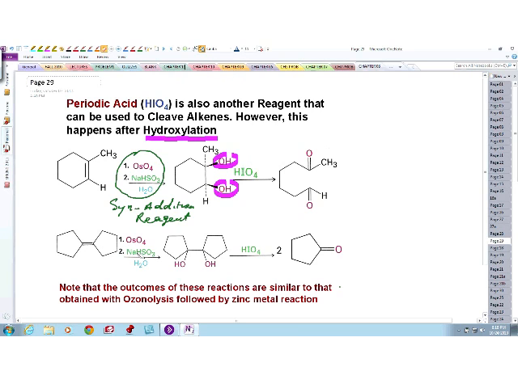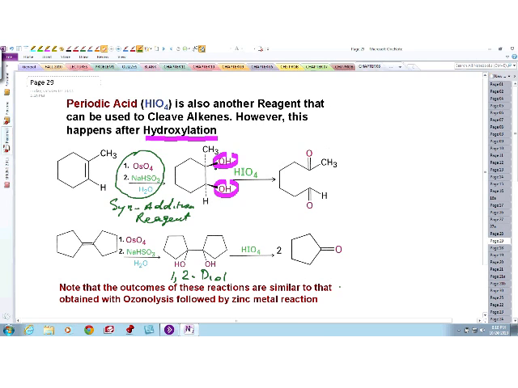The same reaction here, osmium tetroxide adding to this to form the 1,2 diol. The same thing here, 1,2 diol.